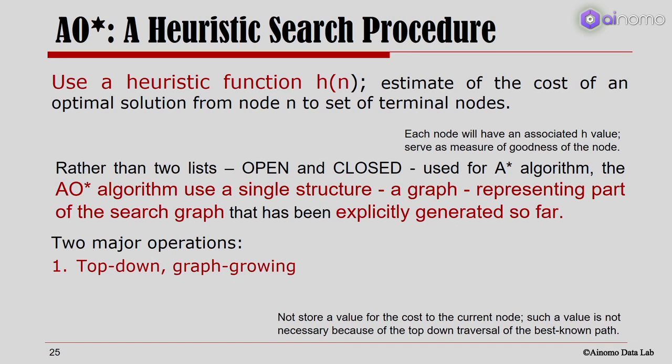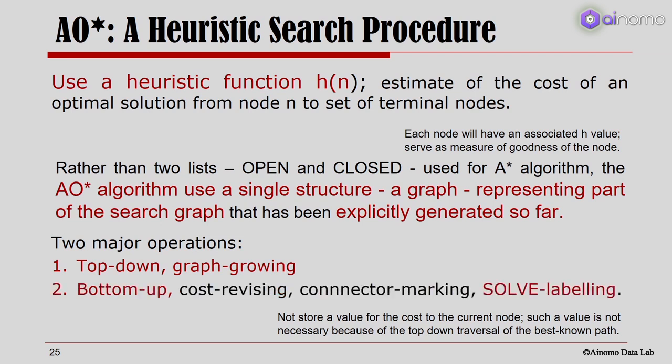One is the top down graph growing, where we get to the partial solutions, and then there is another which is the bottom up cost revising, connector marking, and basically, if you remember from my explanation of the solution graphs that we were looking at, the solve labeling. We label which of the nodes are solved and get to the solution.